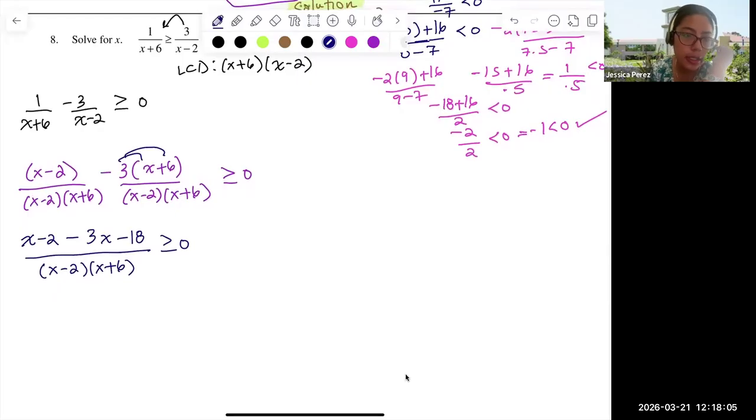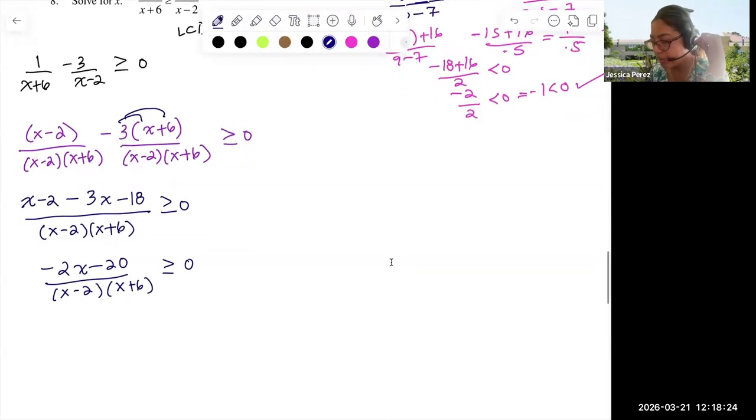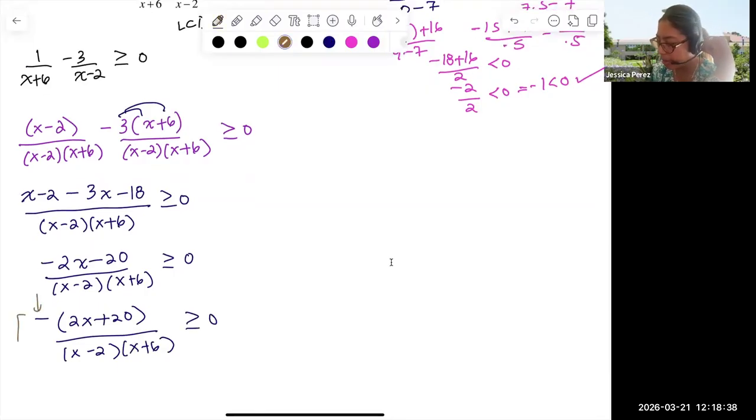Now let's do some cleanup here. When we do some cleanup, I'll have negative 2x minus 20 over x minus 2, x plus 6, greater than or equal to 0. So then I'm going to factor out the negative from the top, and it's going to be 2x plus 20 over x minus 2, x plus 6. And then I'm going to multiply both sides by negative 1 because I factored out the negative.